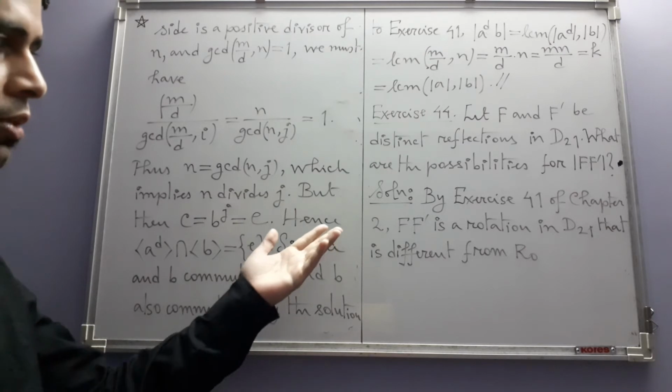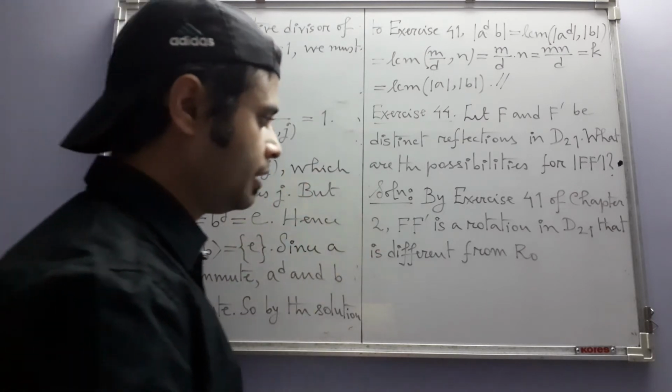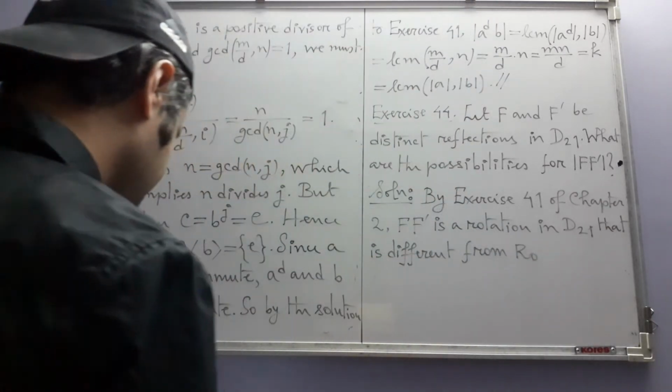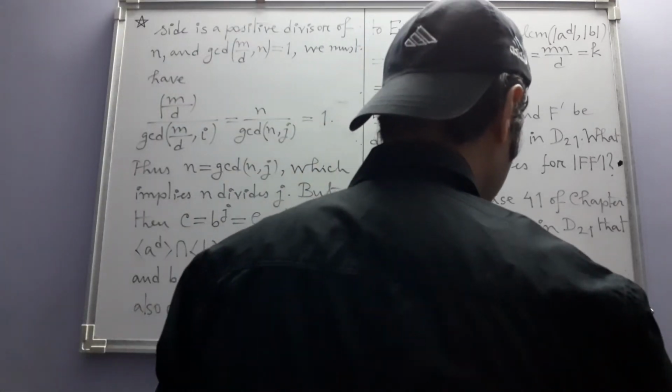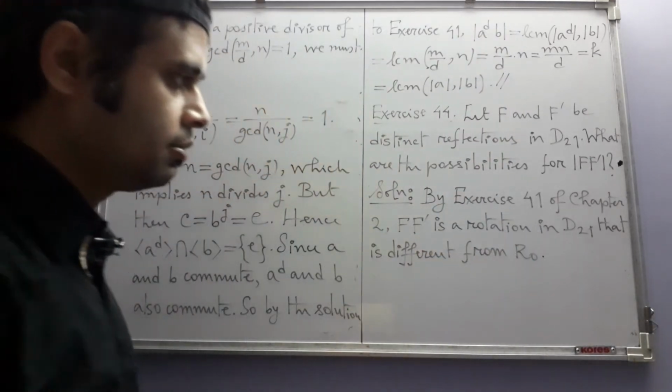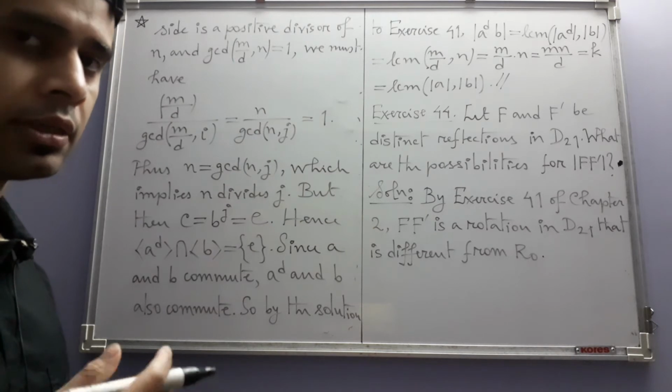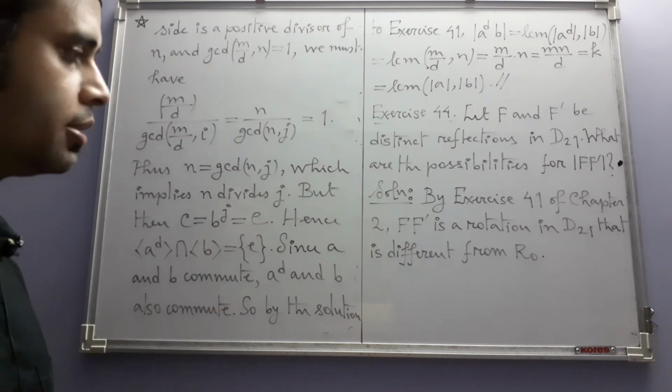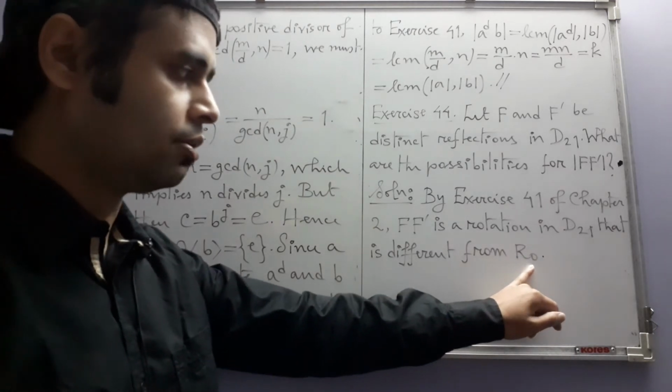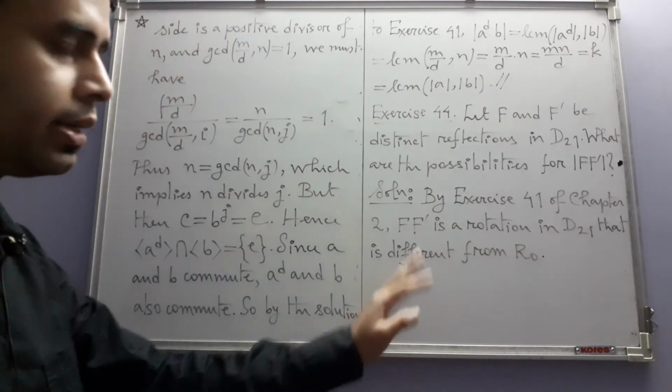That comes, I think, even before this one. Anyway, so this is the fact. So we know this is a rotation. We don't know exactly what rotation it is, but we know that it's not equal to R0. It's not the identity element.